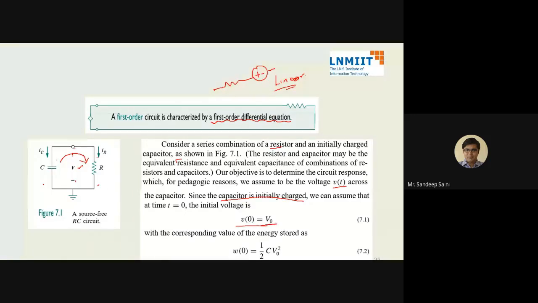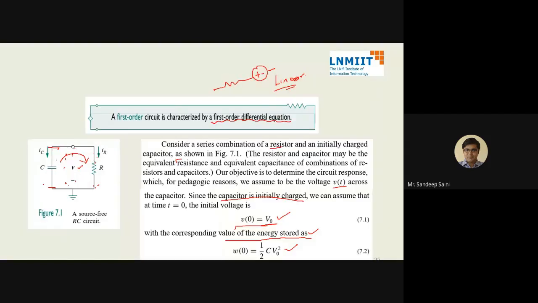That is, initially this capacitor was charged and after that it is connected to a resistor. Tell us what will happen to the voltage across the capacitor. Initially it was V naught, so the initial energy stored in the capacitor is 1/2 C V naught squared.